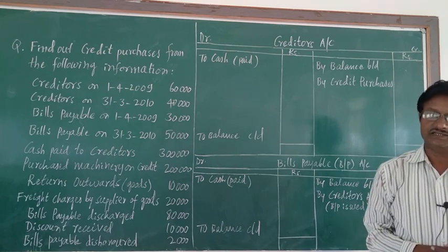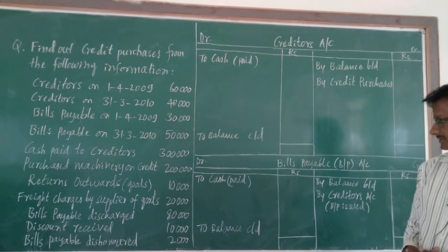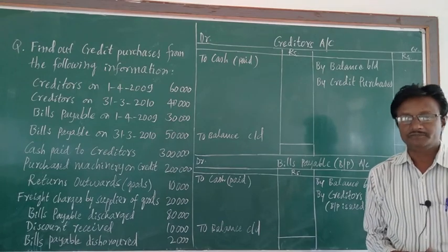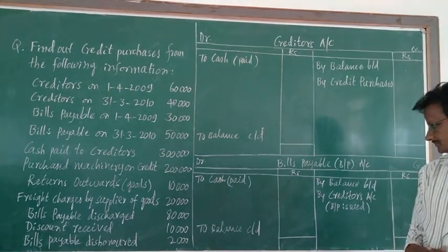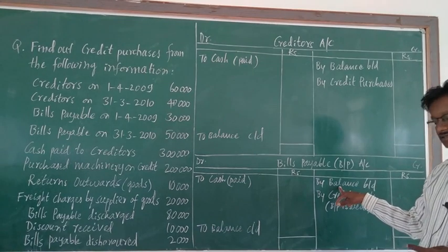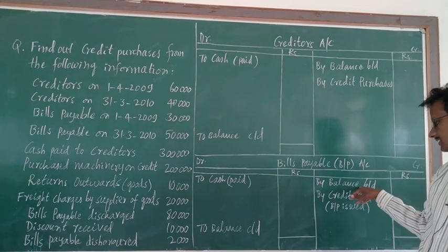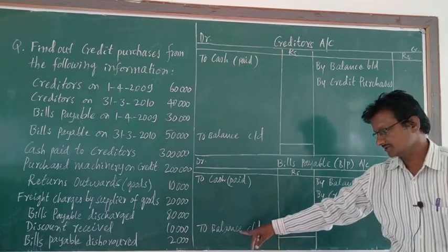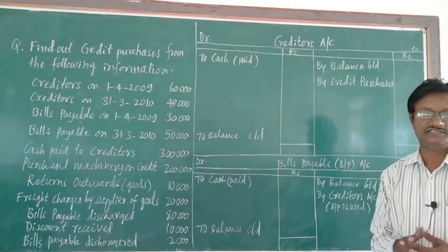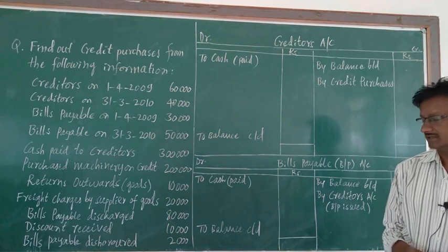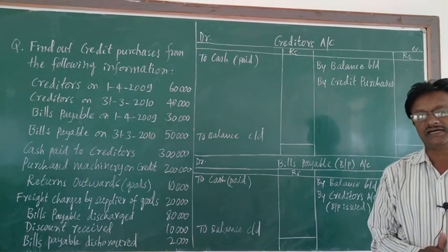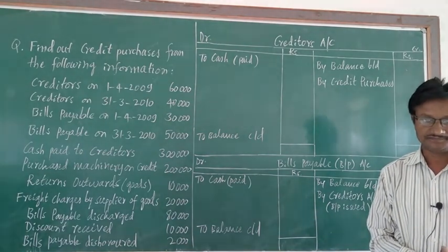So in bills payable account also, the four important items are opening balance, also written as by balance brought down, and against this the closing balance of bills payable, also written as to balance carried down.